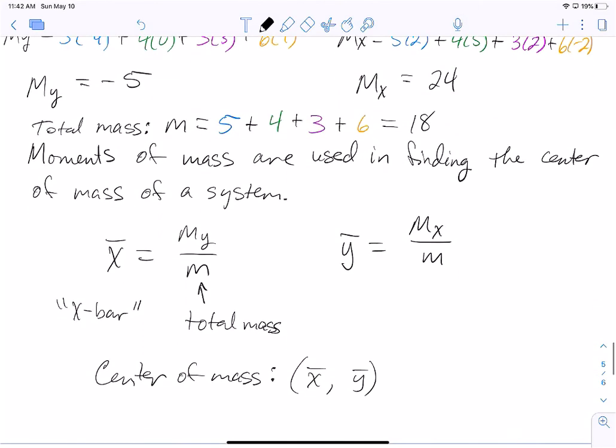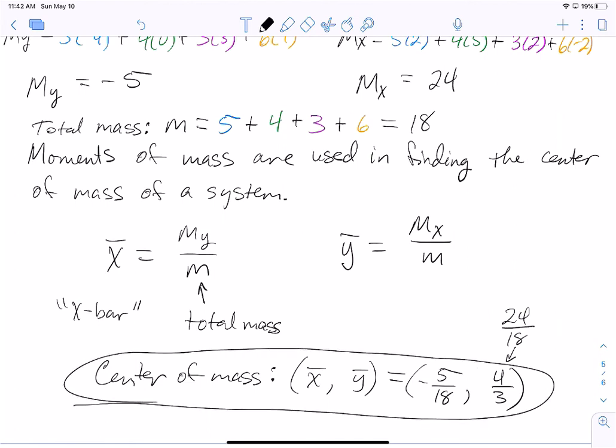For the center of mass then, we're looking at negative 5 over 18, the moment about the y-axis divided by the total mass, and then 24 divided by 18 for the y-coordinate, which of course reduces to 4/3. So the center of mass is negative 5/18, 4/3.